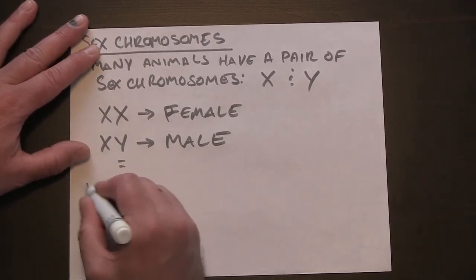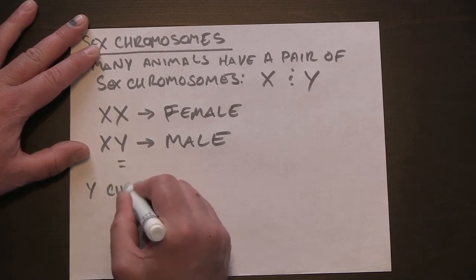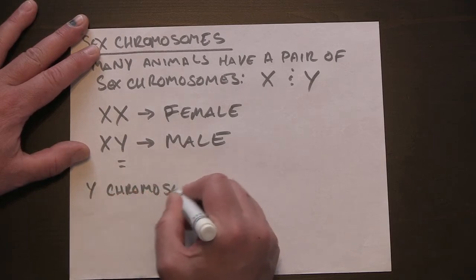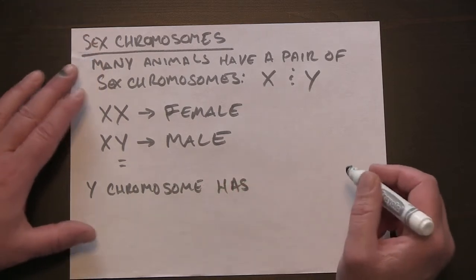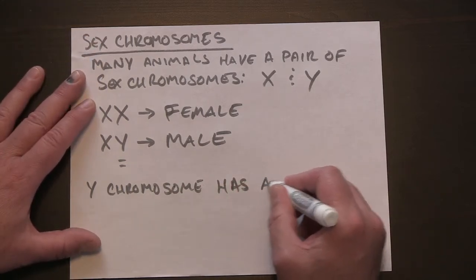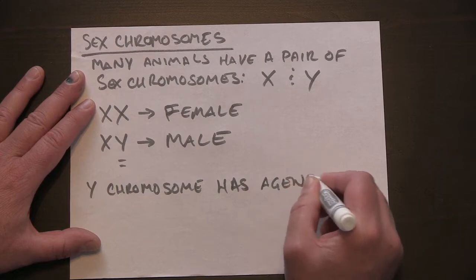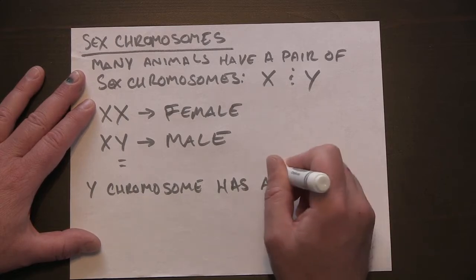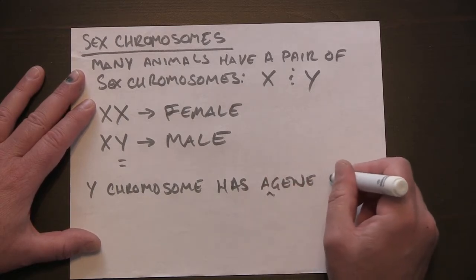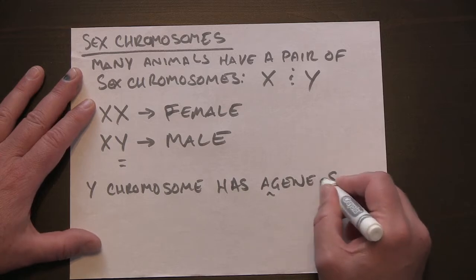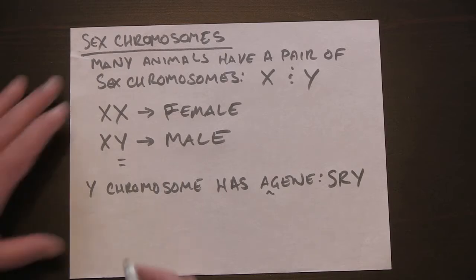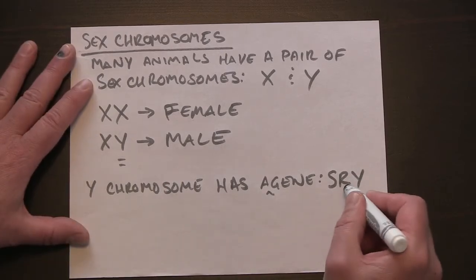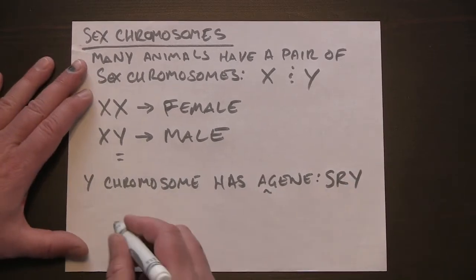So the Y chromosome has a gene. That's two words, a gene. It's called the SRY gene, the sex determining region of the Y chromosome, in case you're curious.